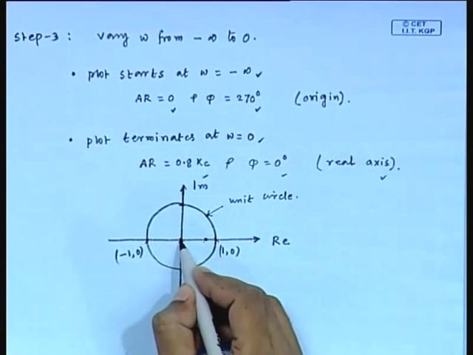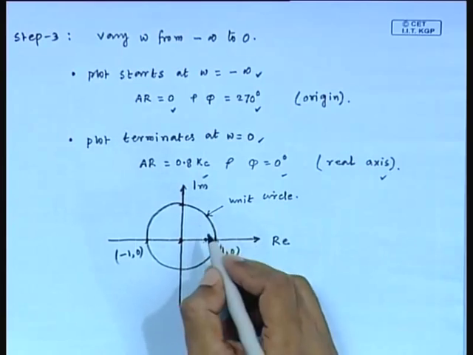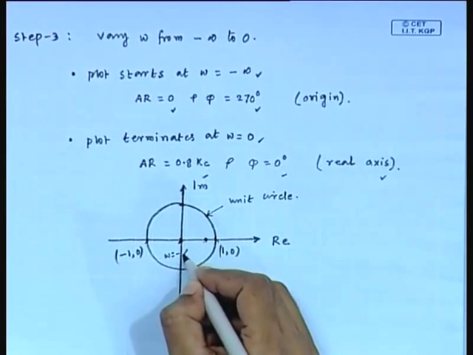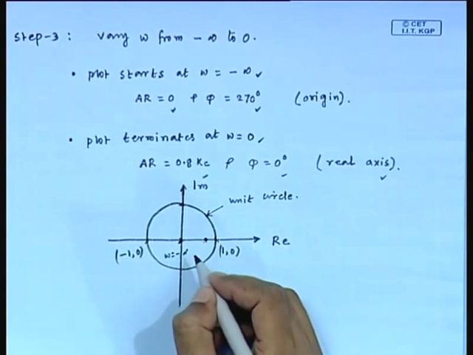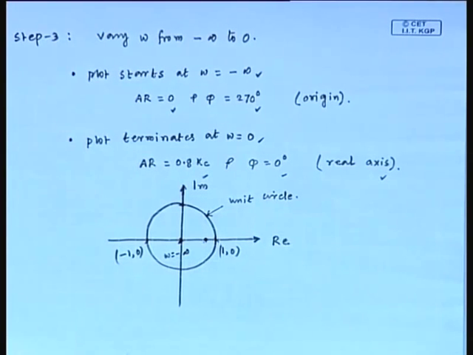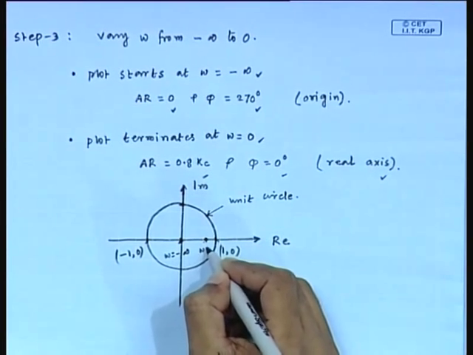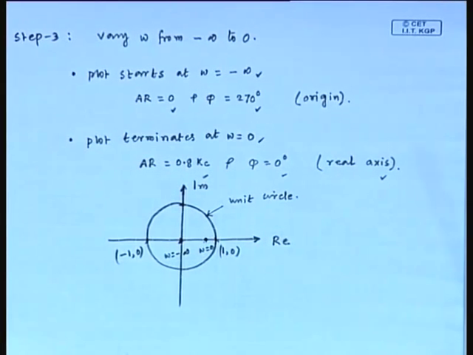So, this is the starting point and this is the end point. Starting point we obtain considering omega minus infinity, end point we obtain considering omega 0.